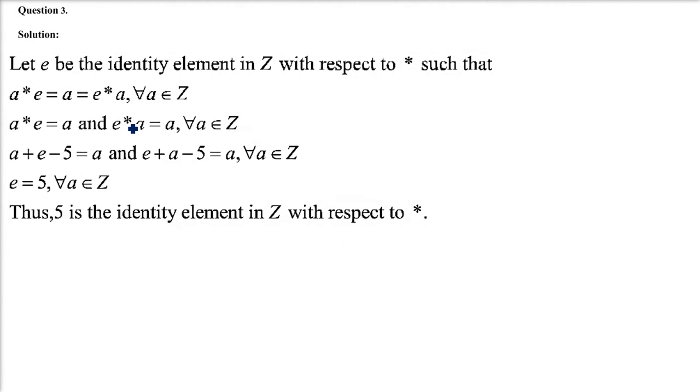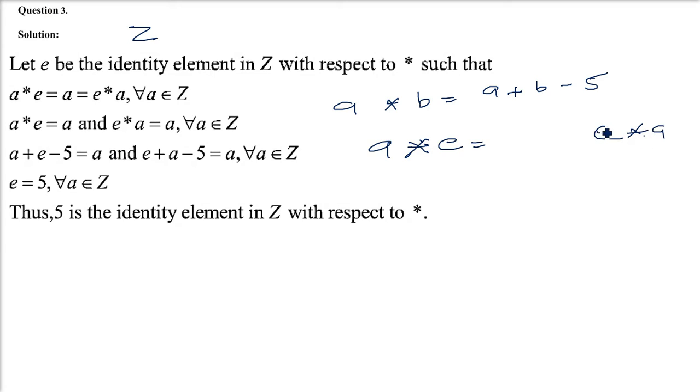Question number 3. If the binary operation star on the set Z is defined by A star B equals A plus B minus 5, then find the identity element with respect to star. Now this question is already there in CBSE 2012. So A star E is what?